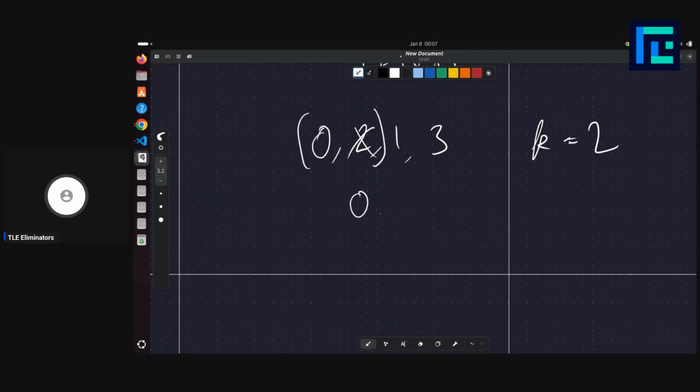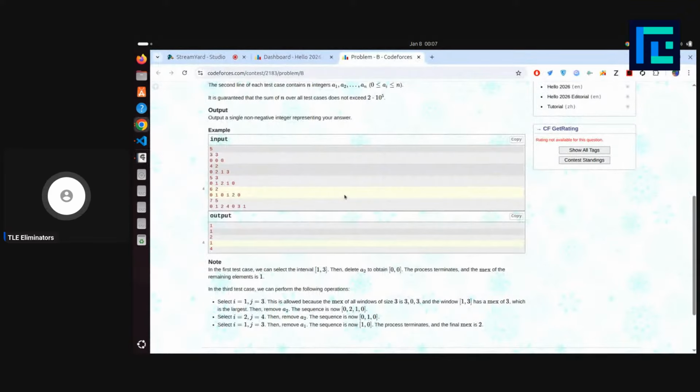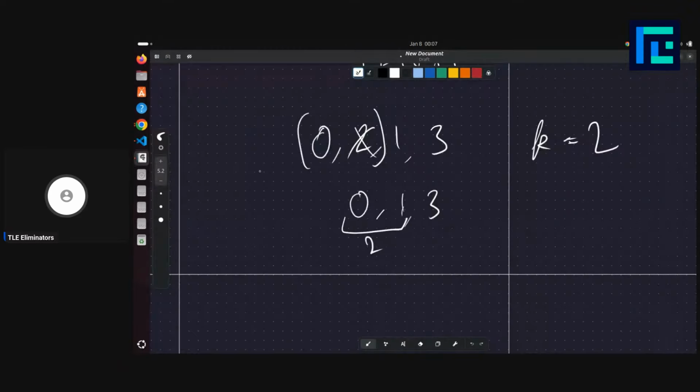So the array becomes 0, 1, 3. Now there are two subarrays of this size: one has max equal to 1, and the other has max equal to 3. So we have to choose this subarray and delete some element. If we delete 1, then our max would turn out to be 0 at the end, so I won't delete that, I will delete 1 only if needed.